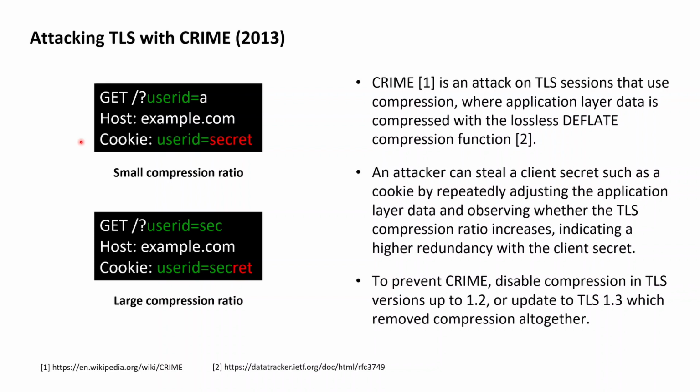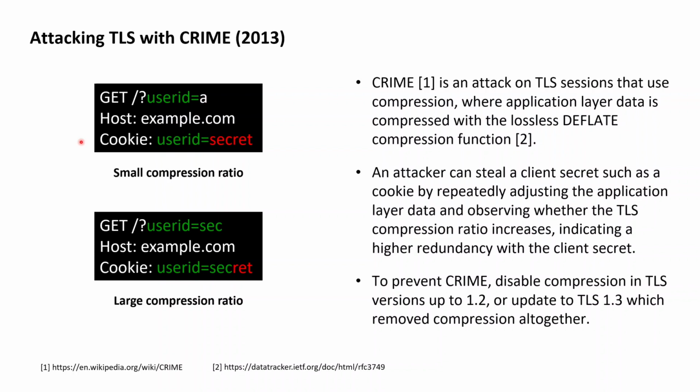If the attacker has means to inject paths and queries to the client, then the attacker can repeatedly inject a query for an attribute user ID and repeatedly adjust the value of this user ID attribute and then observe the compression ratio of the TLS packet containing the resulting GET request.